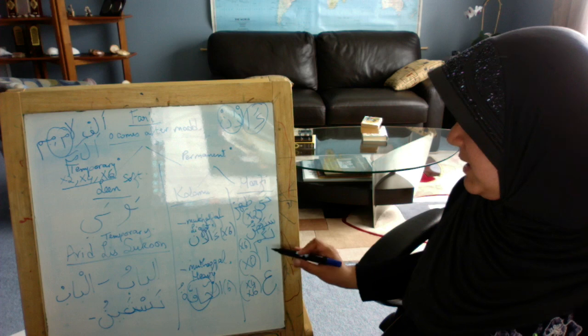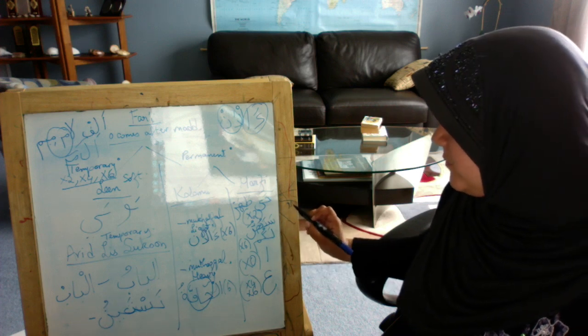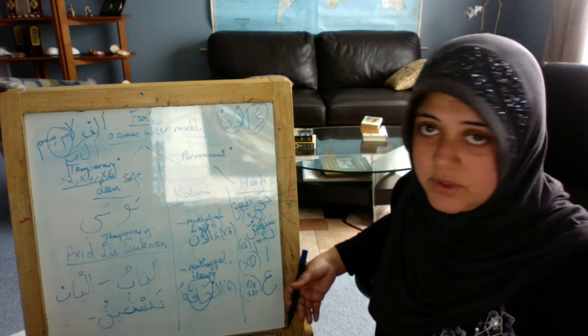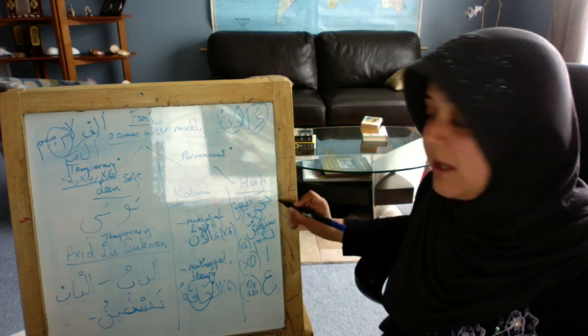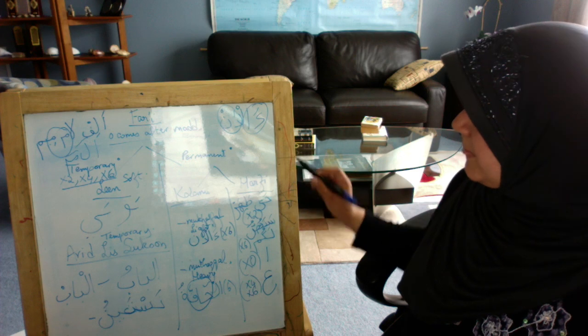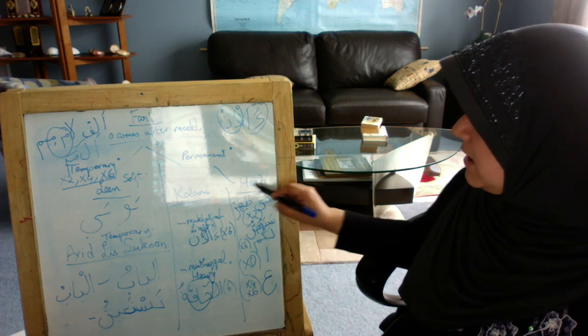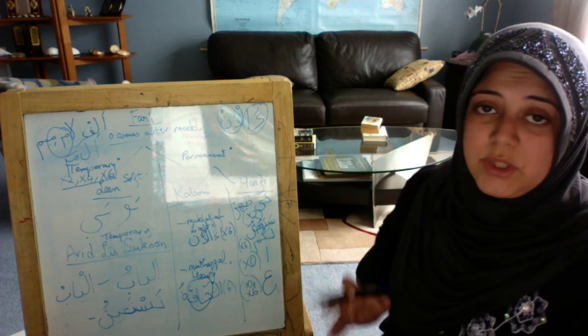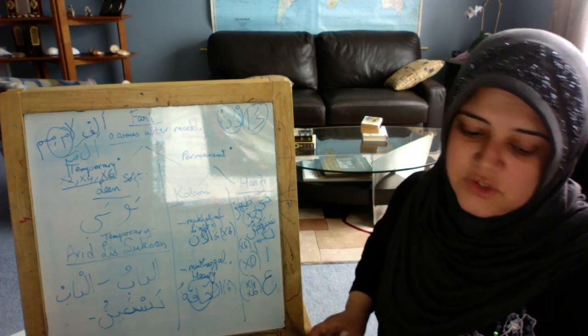So for example, sad would also be another example, or ha, right? So that's when you are going to have the mukhaffaf, and muthaqqal is when you are joining and you can see the sound of the shadda.